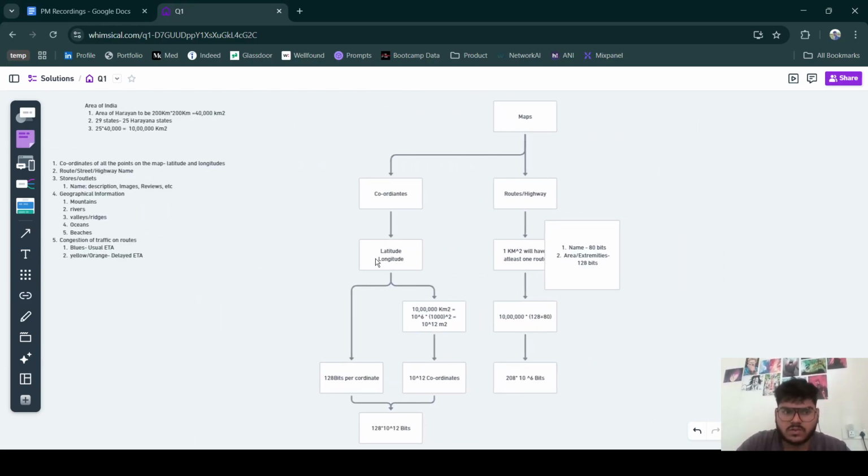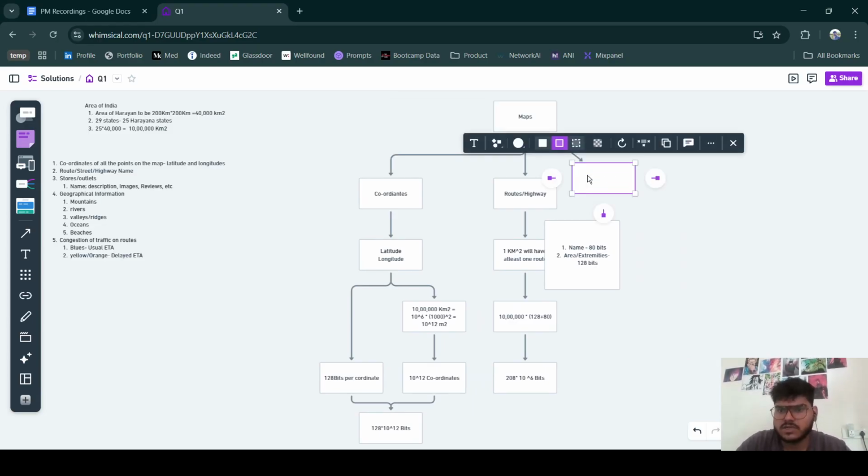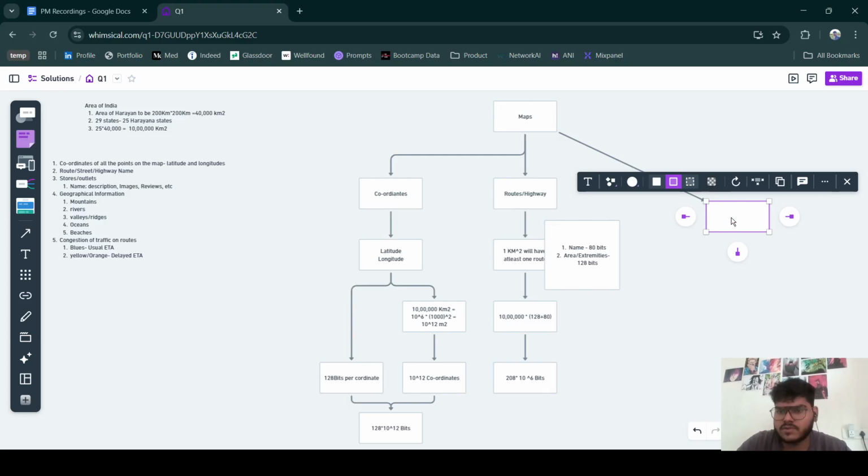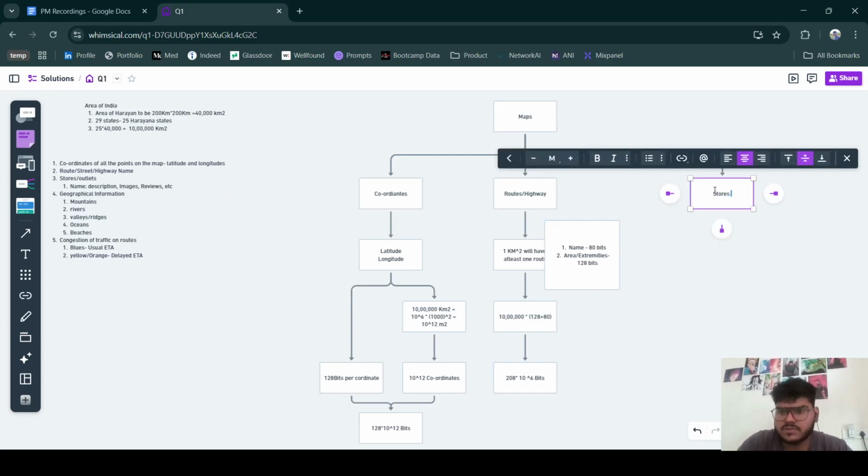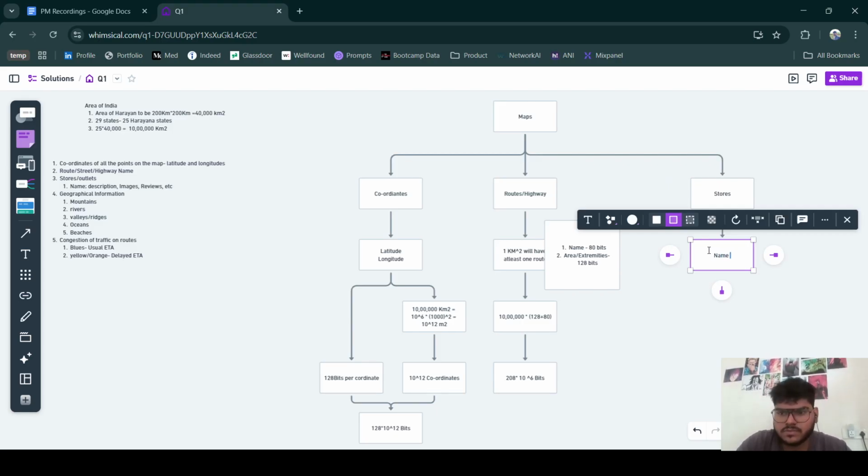Third point is the stores and outlets. Similarly, each store would be having a name, description, reviews, with each review having stars, text reviews, and images.